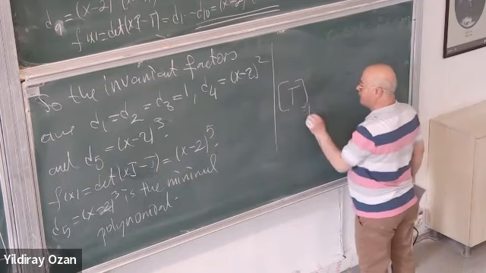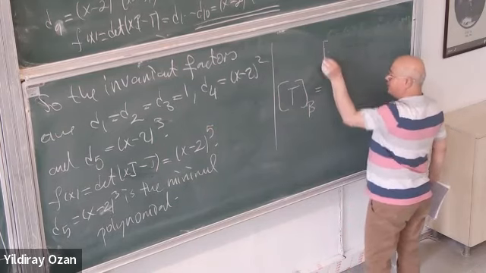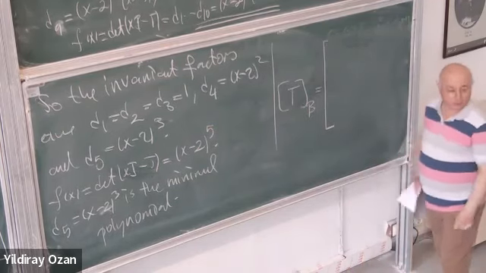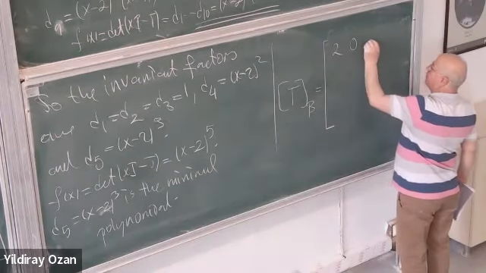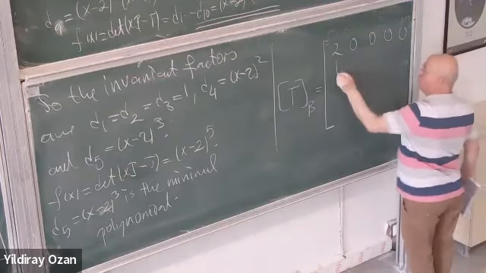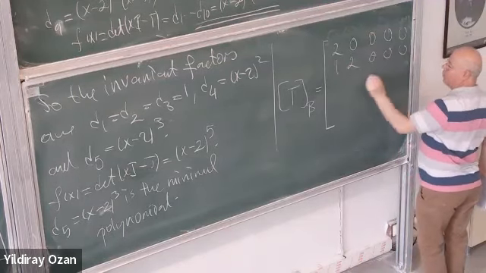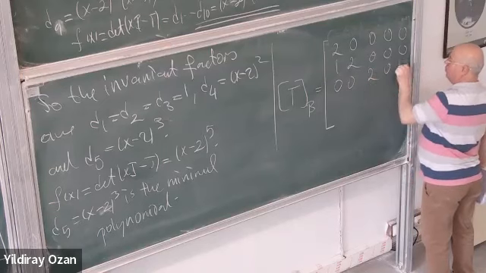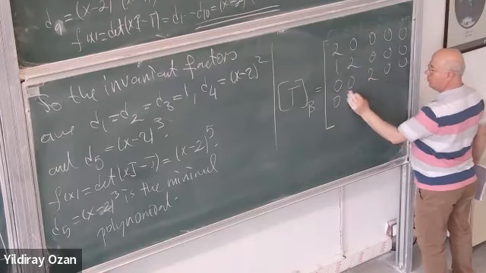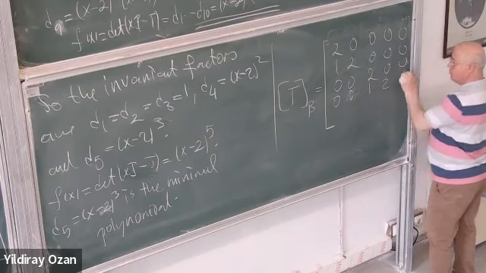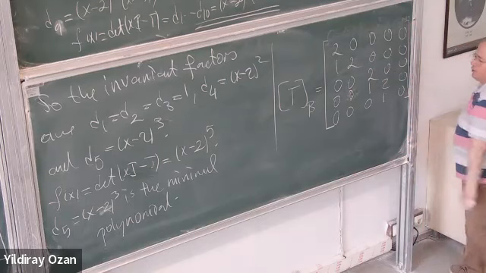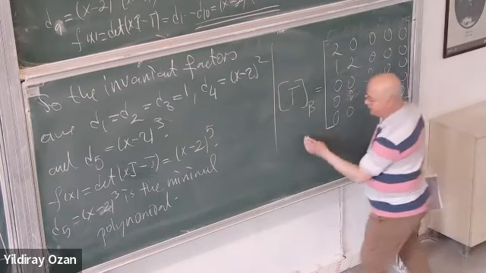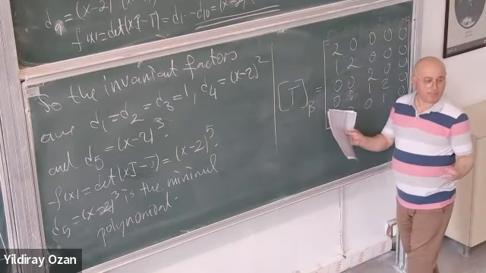So there is some basis, and on that basis, our linear map has a matrix representation like this. But the question is, how can I find that basis, right?